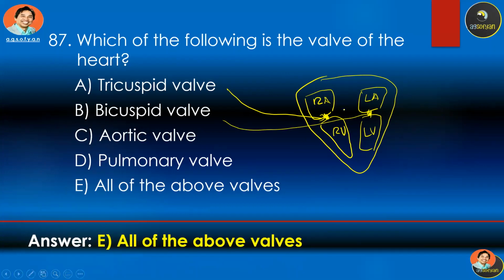The right ventricle pumps the blood to the pulmonary trunk, and there is a valve between the right ventricle and pulmonary trunk called the pulmonary valve. And the left ventricle pumps the blood through the aorta, and the valve between the left ventricle and aorta is called the aortic valve. So there are 4 valves: tricuspid, bicuspid, aortic, and pulmonary valves.